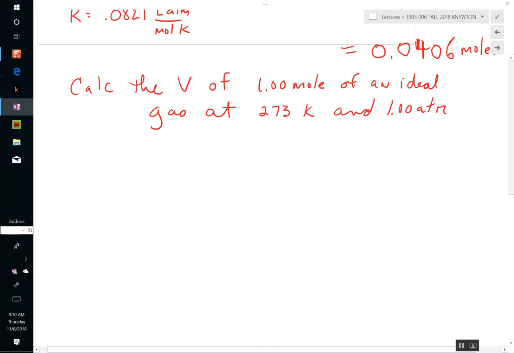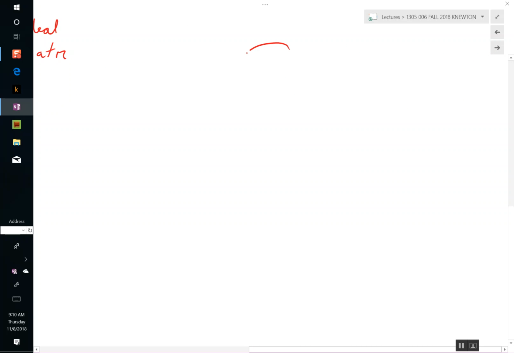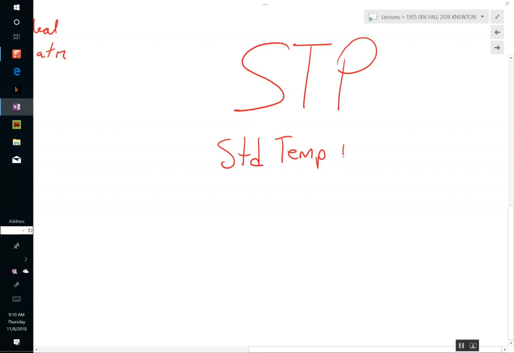I want to introduce you to a term. STP. What does that stand for? Standard temperature and pressure. You can see that temperature and pressure affects a gas.